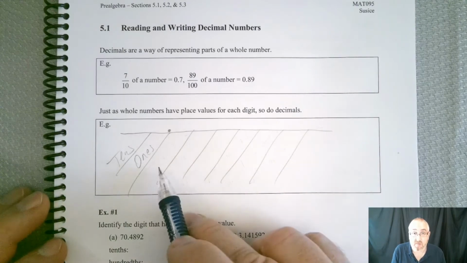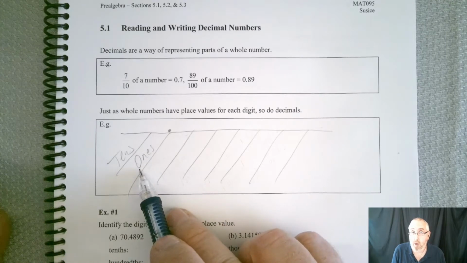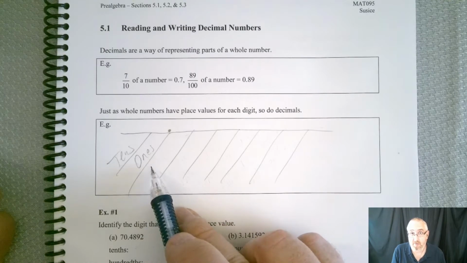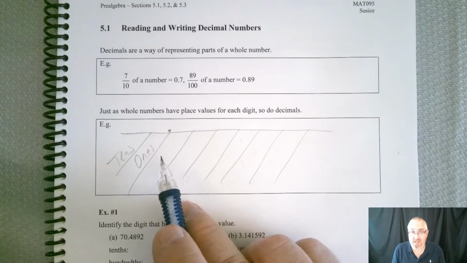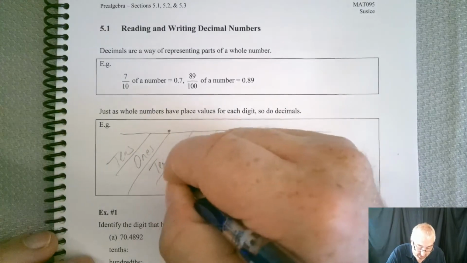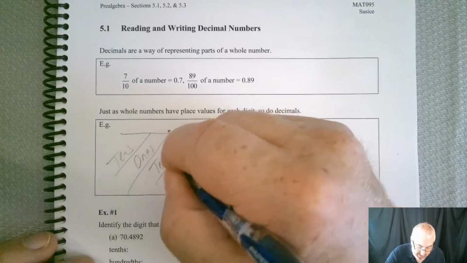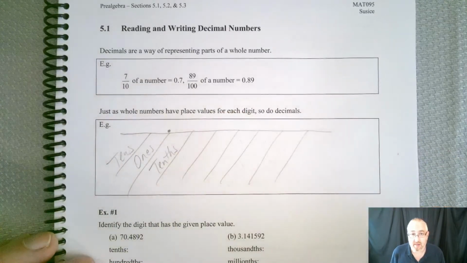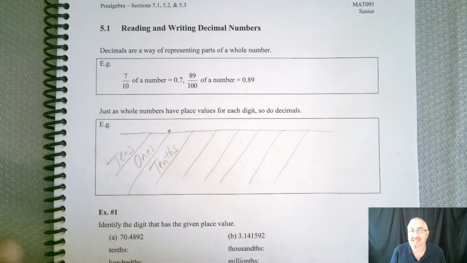Now, for the first place value to the right, you would say, well, maybe it's like the ones. Well, we actually don't have that. It skips that first one and jumps right to the tens. But instead of saying tens, to differentiate it from what's on the left side, we're going to add THS to the end of it. So tenths. There's a little th at the end of it. But after that, it's exactly the same.